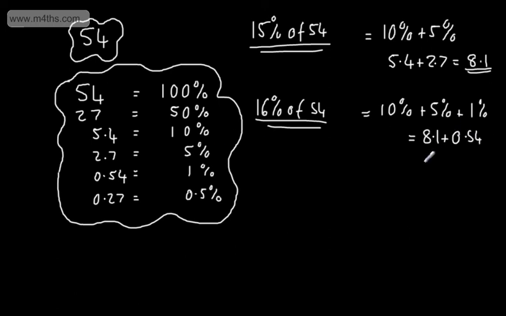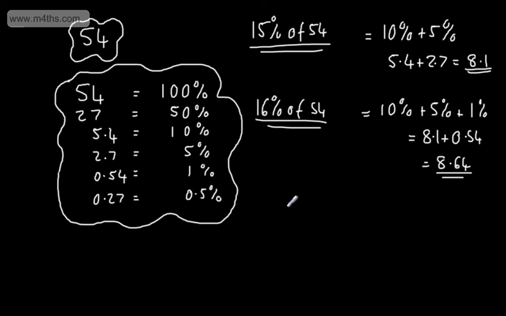So this is going to be equal to 8.64. So that now gives me 16%. Another way we could have done this is doubled up 10% and subtracted away 4 lots of 1%.